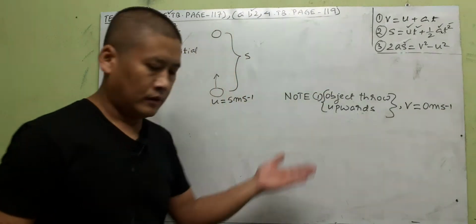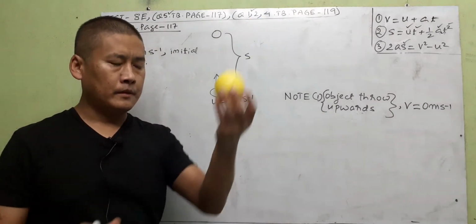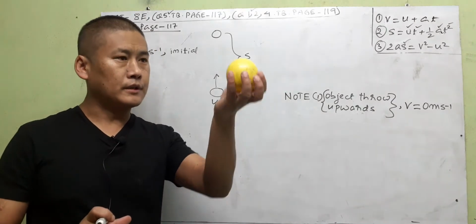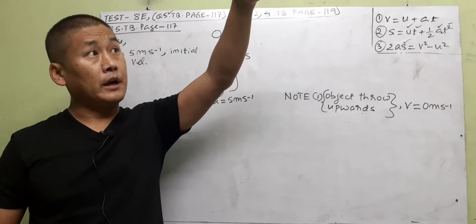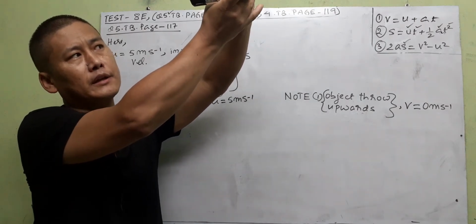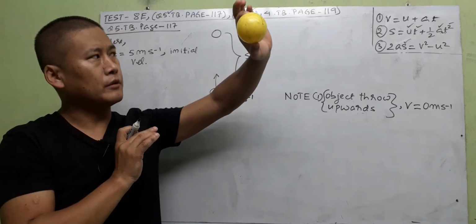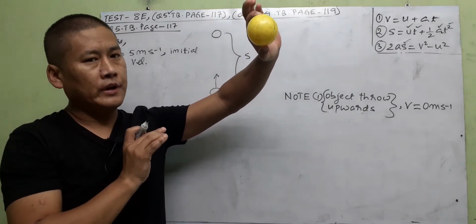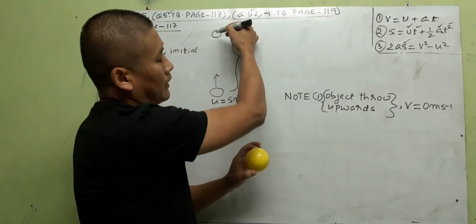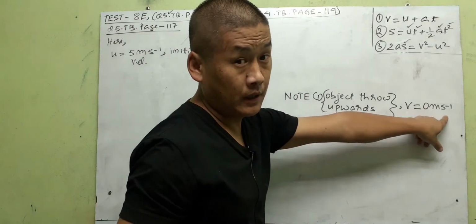You can understand that easily. If I throw this ball up with some initial velocity, then when it reaches the maximum height, momentarily it will hang in the air and stop, right? That's why the final velocity, the velocity at the highest point where it stopped, is 0 meter per second.